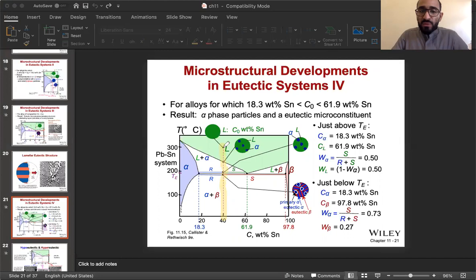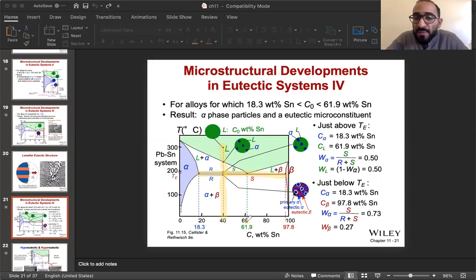You have a liquid phase, and if you start to cool down, you hit this region, and part of the liquid can transform to alpha. But once you hit this eutectic temperature, we said before, any liquid you have is going to transform to a special type of alpha and beta. This special type is an alternating layer. So any liquid you have below the eutectic temperature is going to transform to alternating layer.